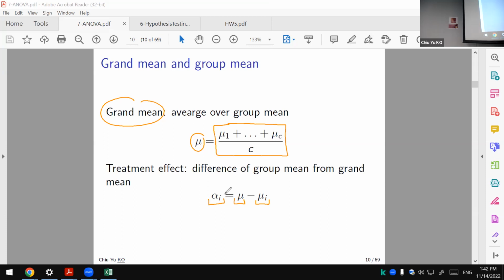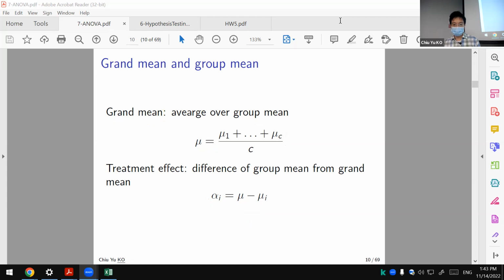What you get is the treatment effect. Is it a difference being in CC? That is how you define this, because mu i will be mu plus the treatment effect. So that's how we define the treatment.